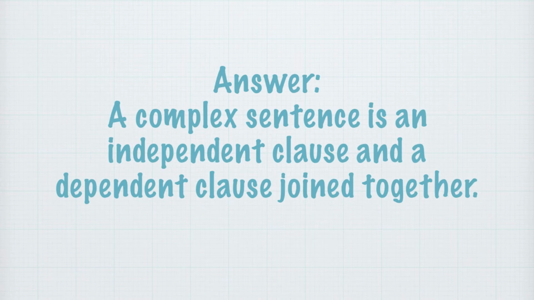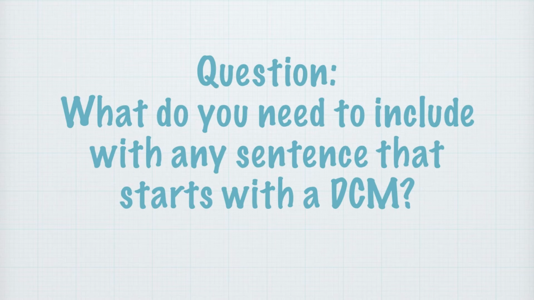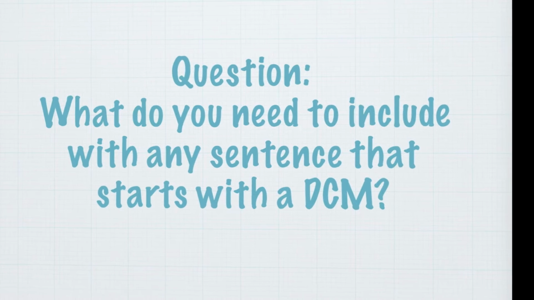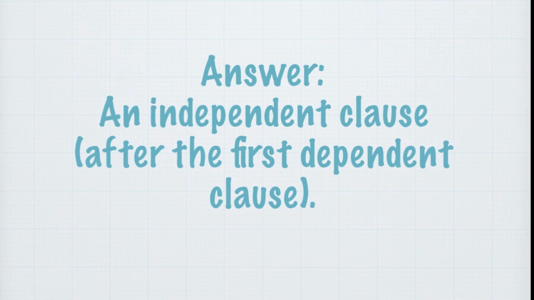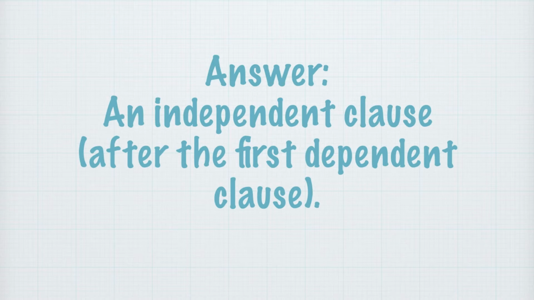What do you need to include with any sentence that starts with a dependent clause marker? An independent clause after the first dependent clause.